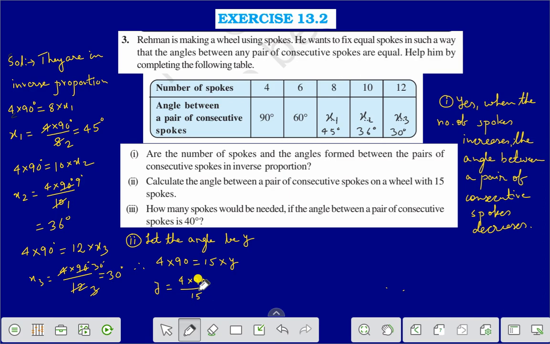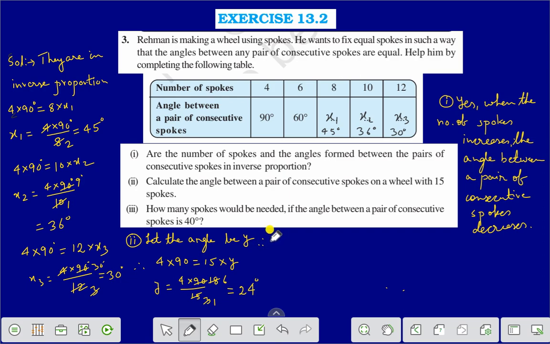If you divide by 5, 5 threes are 15, 5 eighteens are 90, so it becomes 4 into 6, which is 24. Right? Therefore, the angle between the consecutive pair is 24 degrees.